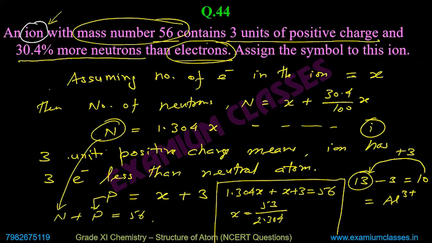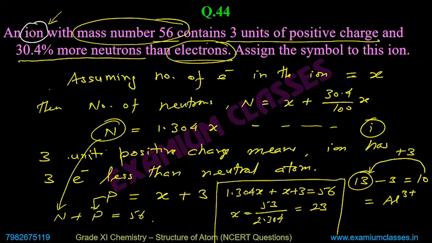So remember, whatever you get here, you will add 3. One very important point which is missed here, which I have told you in the previous question as well. On dividing, we obtain x equals 23 point something, so approximately 23. Suppose it is 23. So if x is 23, it means the number of electrons in the ion is 23.